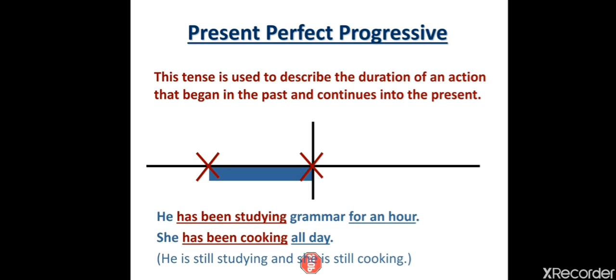It is happening up to the moment and also will continue, but we never bother about that. Okay, he is still studying and she is still cooking. We give stress on the continuation of the action from past to present. That's where it differs from present continuous to present perfect progressive.